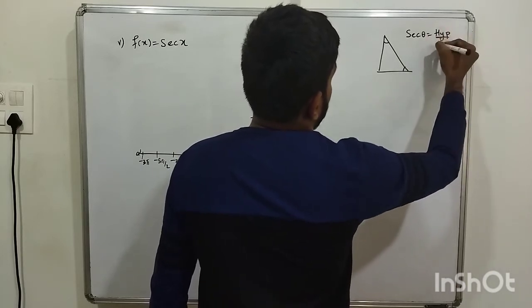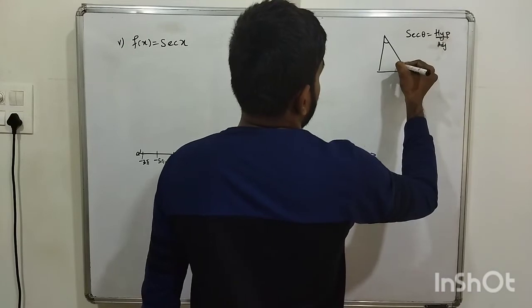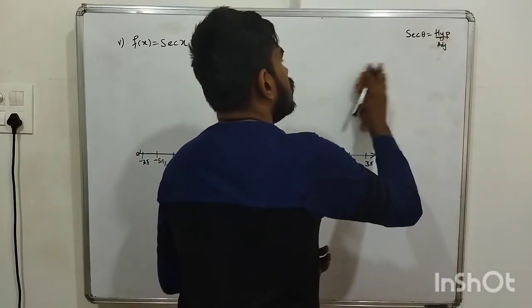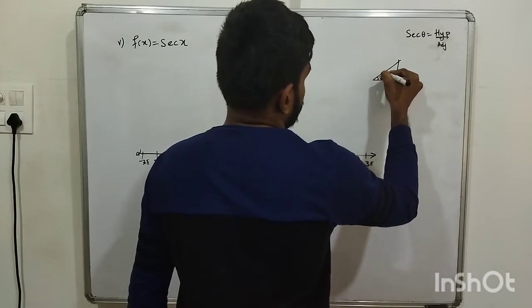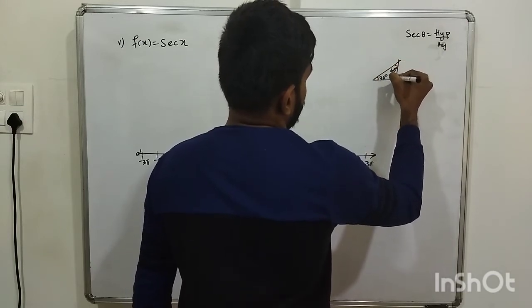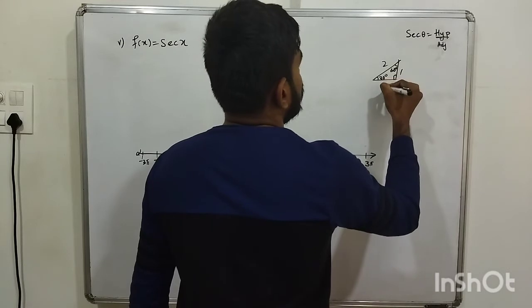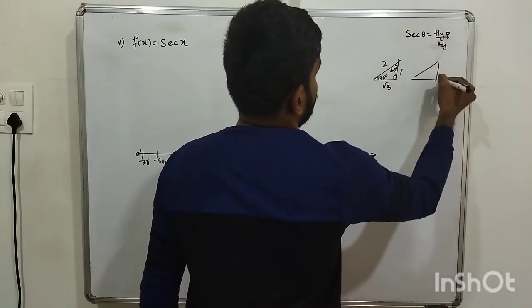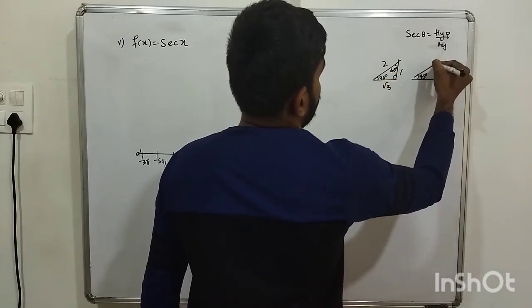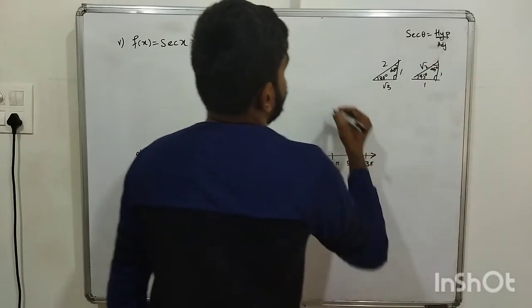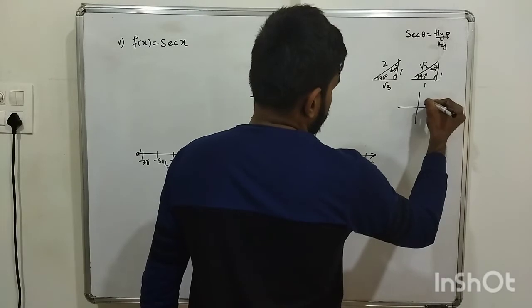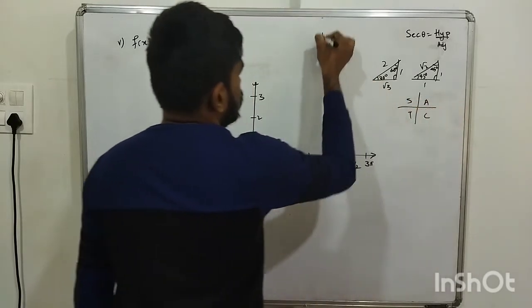Here this is the 30, 60, 90 triangle with sides 1, 2, root 3, and here 45, 45, 90 with sides 1, 1, root 2. ASTC is there.